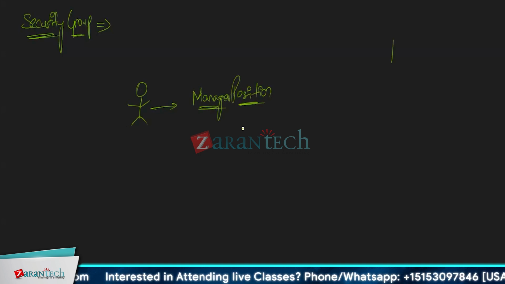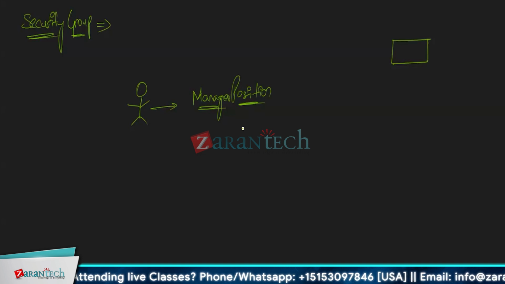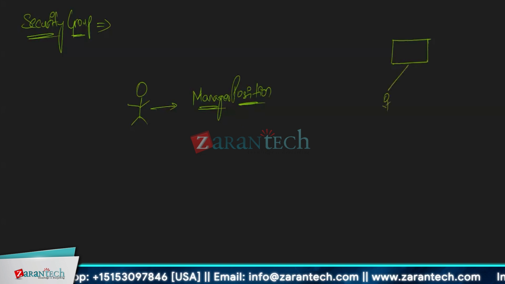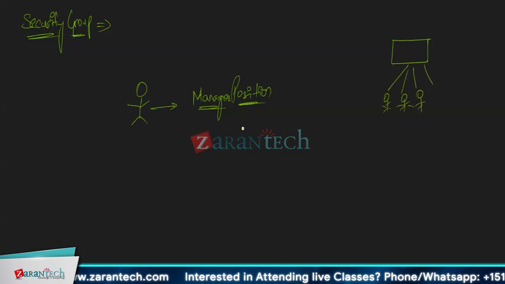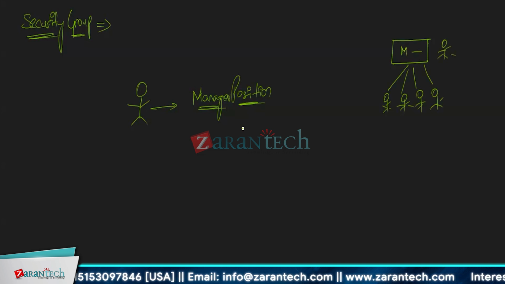For example, consider this is a supervisory organization. In this supervisory organization, you have like 5 employees, suppose, and you are assigning this employee as the manager of the supervisory organization, meaning all these employees will be reporting to this one employee.